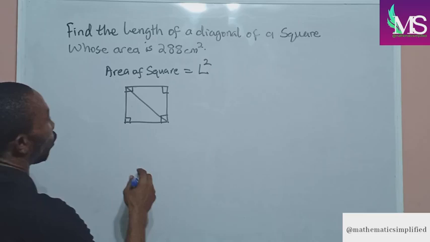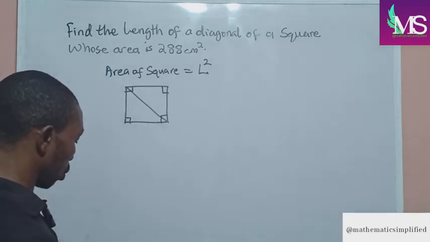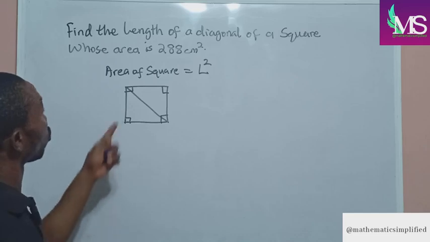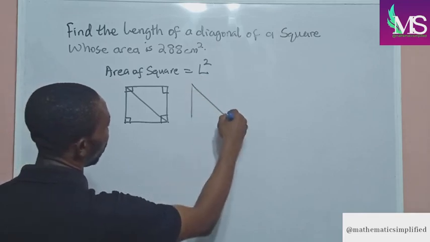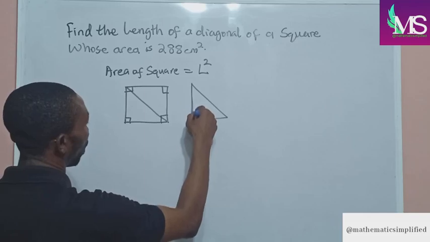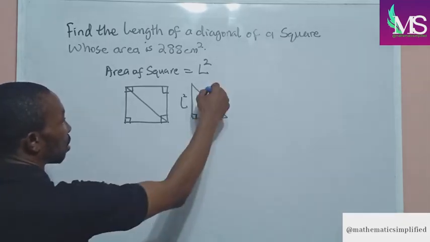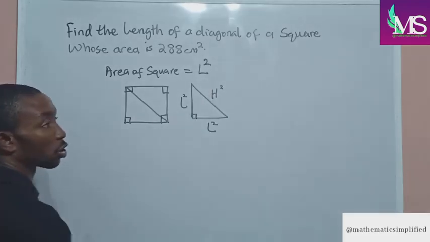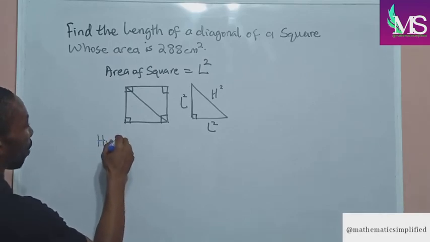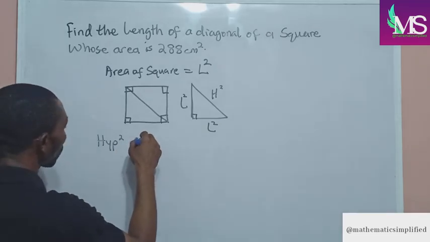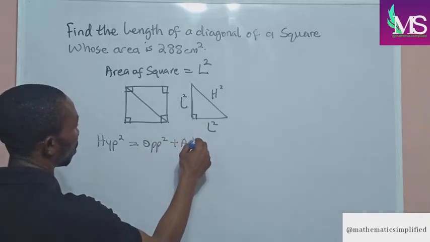So now we know that L squared equals 288, and we also have to remember that this square forms a right angle triangle. So we have L as opposite, L as adjacent, and here becomes our hypotenuse H. Bearing in mind that our Pythagoras rule states that hypotenuse squared equals opposite squared plus adjacent squared.